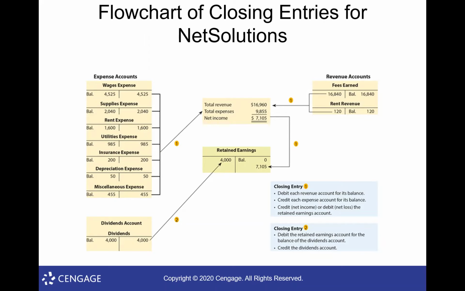Now there's something going on here, and that is we can't really credit these without debiting some other account. Okay, so what's happening is we're creating a special account just for the closing process that we call the income summary account. Okay, and it's also temporary. It's going to be immediately returned back to zero. So here they show it just as going into this total revenue, total expenses. But if you think about it, what we're doing is creating this special account.